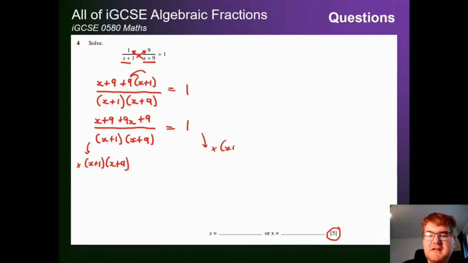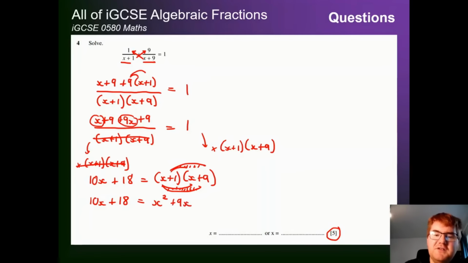We've still got work to do here. So first of all, we need to expand out the bracket. So remember, our first, outside, inside, last, or I prefer to call it the double hook. Give it a big double hook. So if we work out the right-hand side here, we have x times x is x squared. x times 9, 9x. 1 times x is just x, and 1 times 9 is 9.